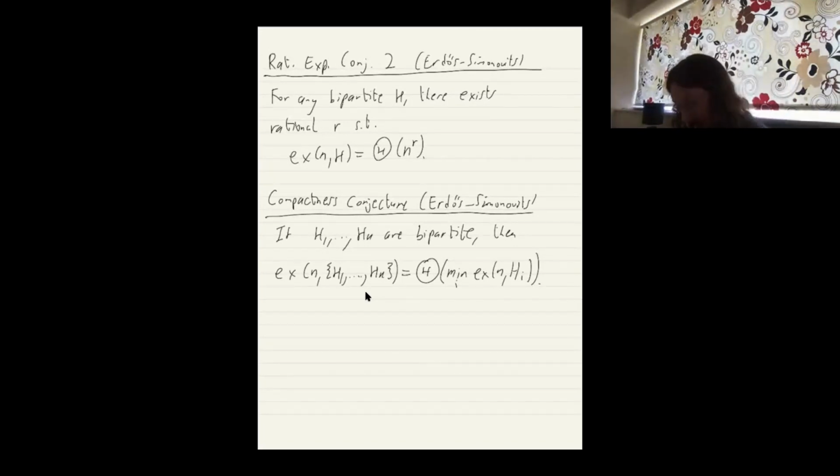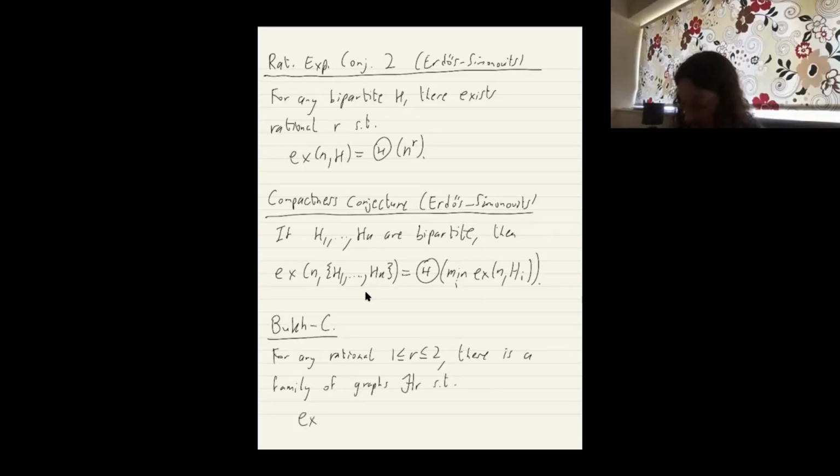So I'll forget about the second question, but there's a theorem by myself and Boris Bukh, and the theorem says that for any rational r between 1 and 2, there is a family of graphs, H_r, such that the extremal number of H_r is theta of n to the power of r.